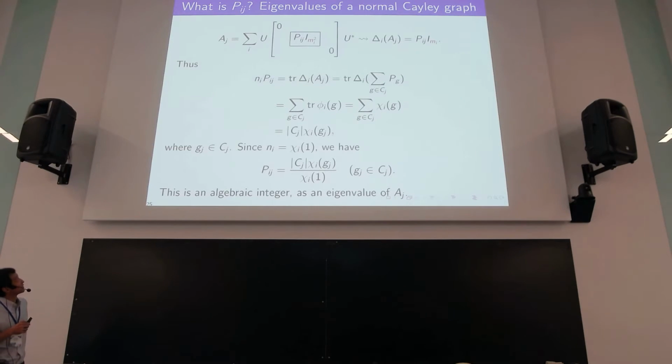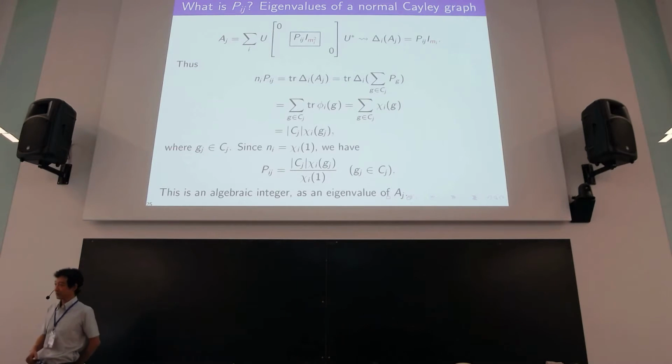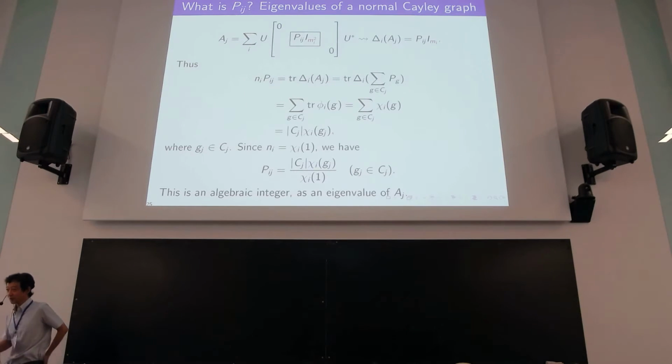The Pij are nothing but the diagonal entries of its diagonal form, so they are nothing but the eigenvalues of the adjacency matrix. And the adjacency matrix is a 0-1 matrix, so its characteristic polynomial is a monic polynomial with integer coefficients. So the eigenvalues are indeed algebraic integers.